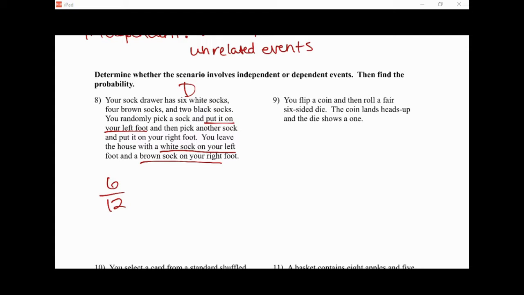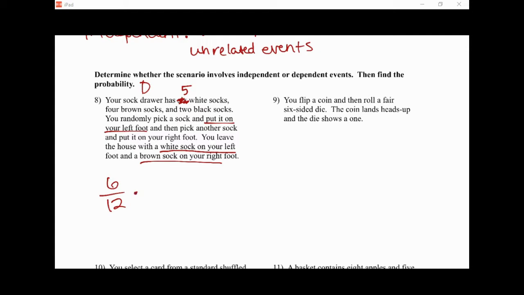But then, if it's dependent, you're changing what's in there. We're going to assume that the first event happened the way that we wanted it to. We're going to assume that what was taken out was a white sock. So that means now there's only 5 white socks left.